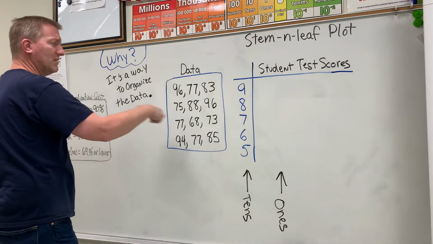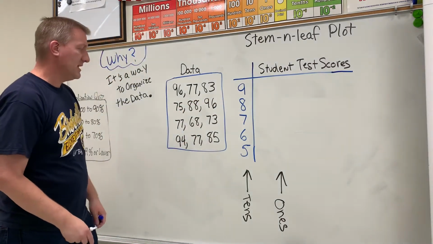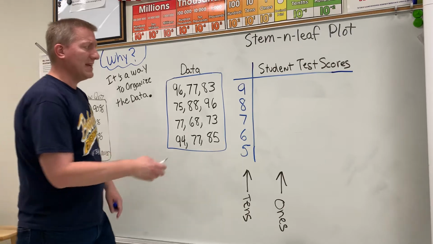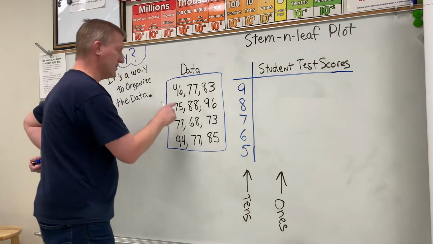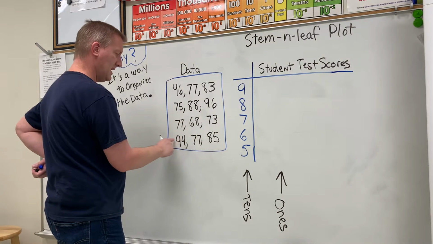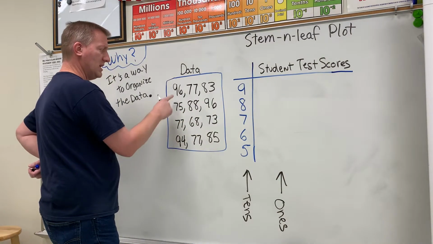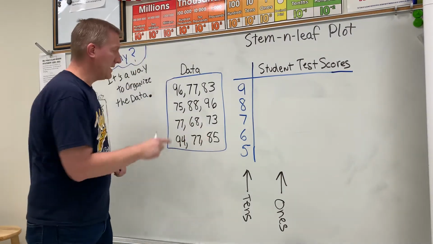So if we look at our data here, I'm going to start off with the 90s. I want to look for the highest 90s first. I have 96, 96, and 94. Now this is where it's unique.